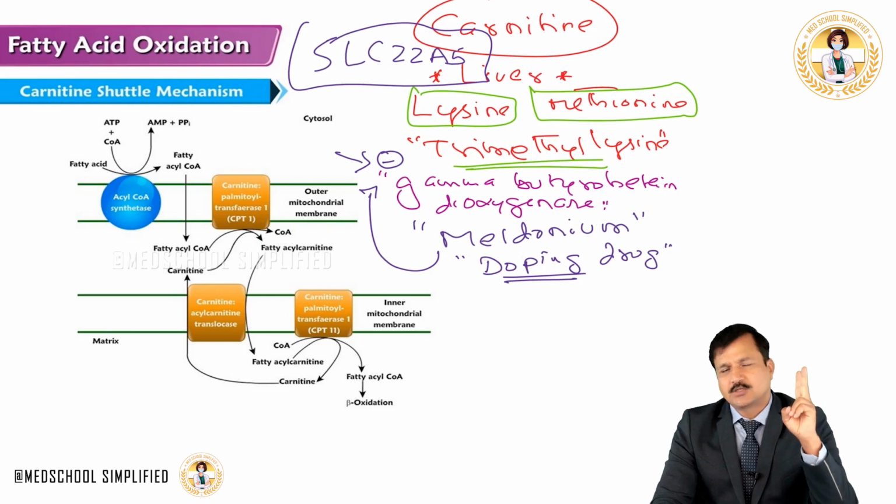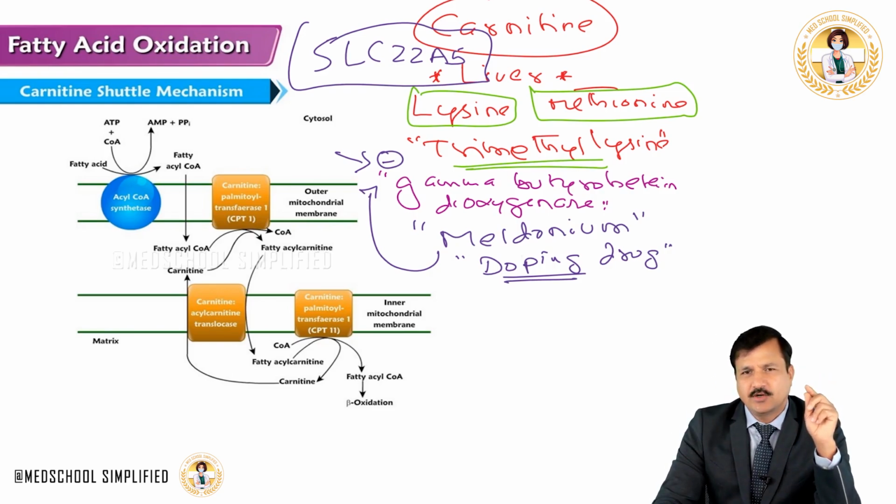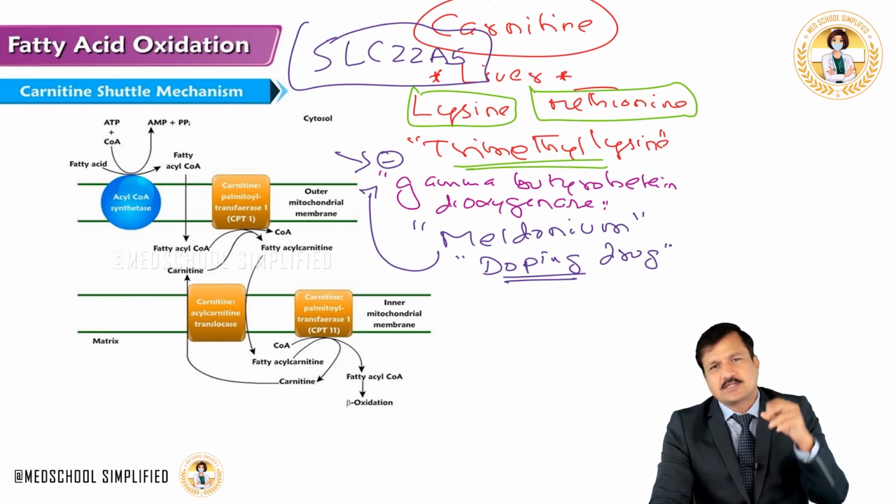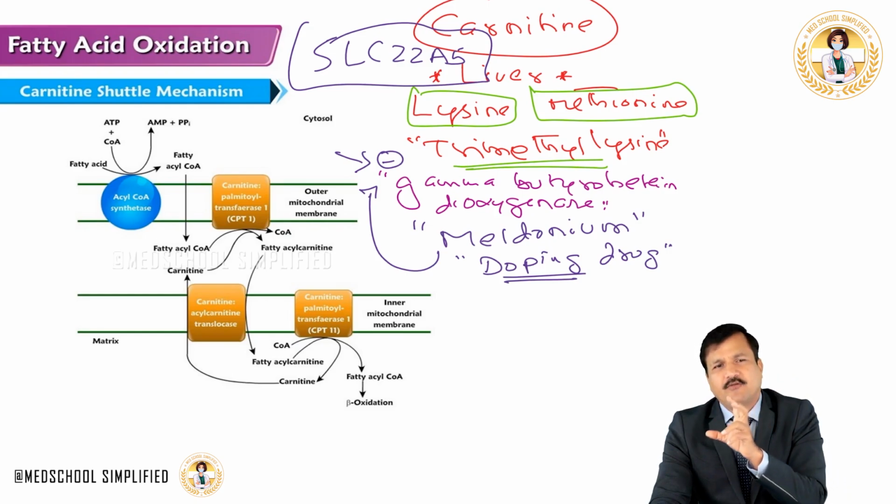So meldonium has two effects. One is that it decreases synthesis of carnitine by inhibiting the gamma-butyrobetaine dioxygenase enzyme, and the second is that it inhibits a carnitine transporter to the peripheral cells over the plasma membrane called SLC22A5.